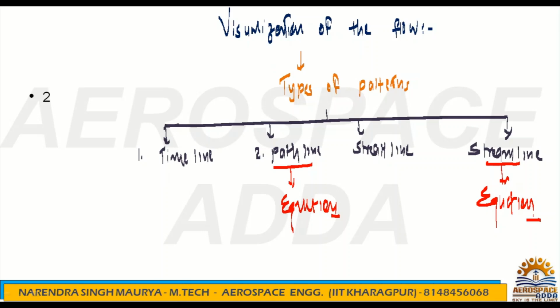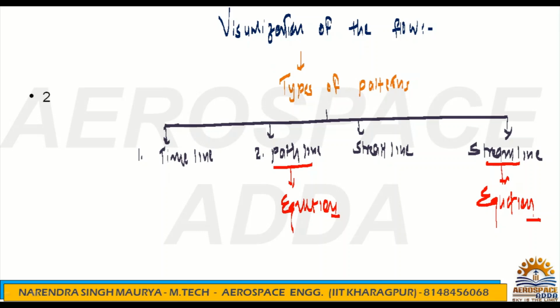Now coming to the next, the explanation of timeline. As the word is given, timeline. A timeline is basically a set of fluid particles. If I say fluid particles, it doesn't mean only water, it will be both. Fluid means gas and definitely liquid. So we are talking about water particles or air particles. A timeline is a set of air particles or fluid particles that form a line at a given instant.